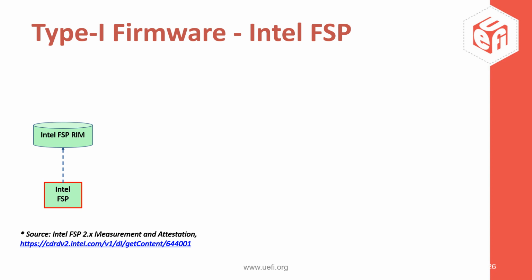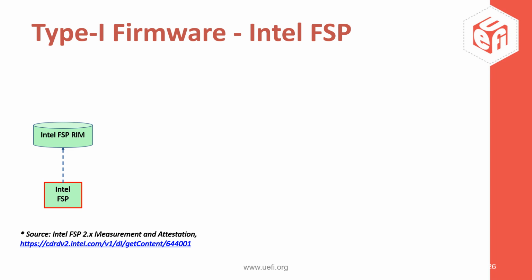So in the lower left, we cite a document that you can find at the bottom of intel.com/FSP called the FSP 2.x measurement and attestation document. So the way the FSP is deployed, it's a well-defined binary, but it needs some explication of how to interact with it. And to that end, there's something called an FSP EAS or external architecture spec.